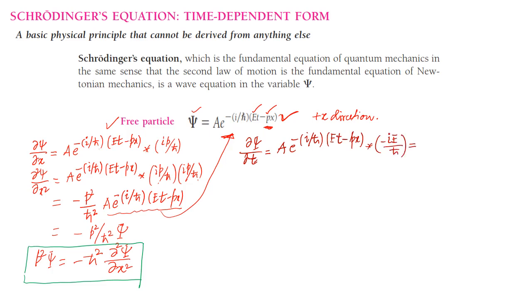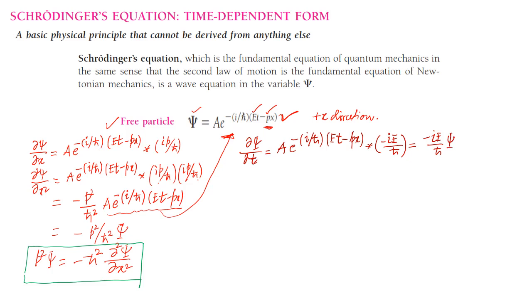So this will be minus iE over h cross times psi.